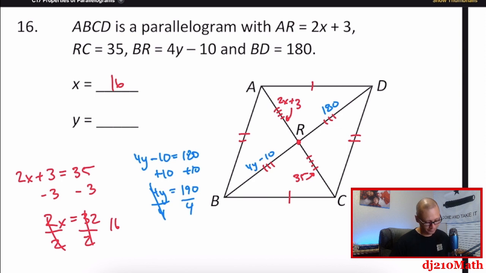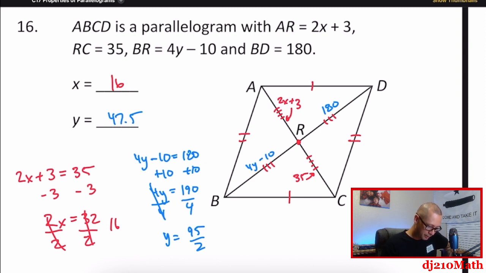Half of 100 is 50, half of 90 is 45, so 95. Y is equal to 95 divided by 2. It's going to be 47.5. This whole time without running into a decimal.